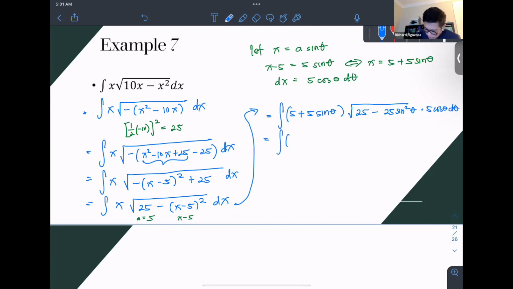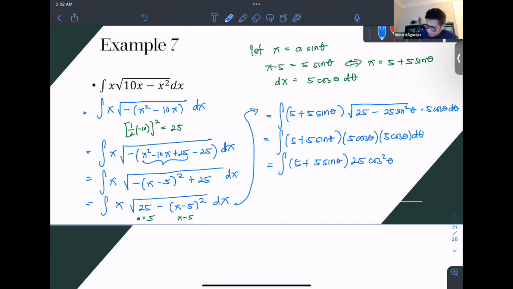And finally, we'll have 5 plus 5 sine theta. And then the 25, I can factor out 25, so the square root of it is 5. And then 1 minus sine squared is cosine squared, and the square root of it is cosine. So that's the same as 5 cosine theta, then 5 cosine theta d theta. So we have then 5 plus 5 sine theta. So this one will be 25 cosine squared theta d theta.